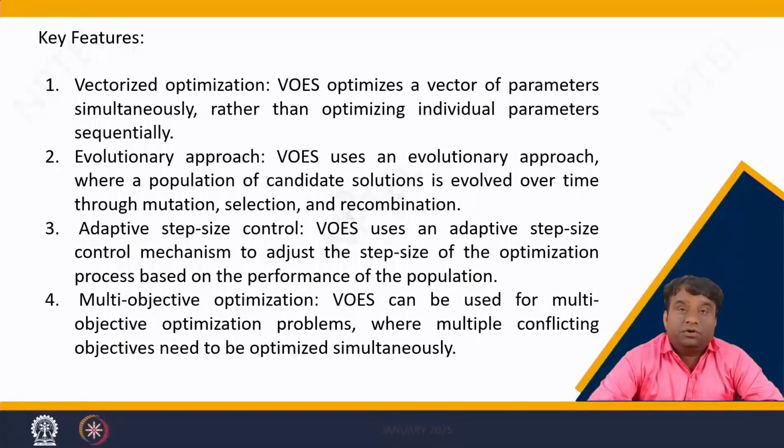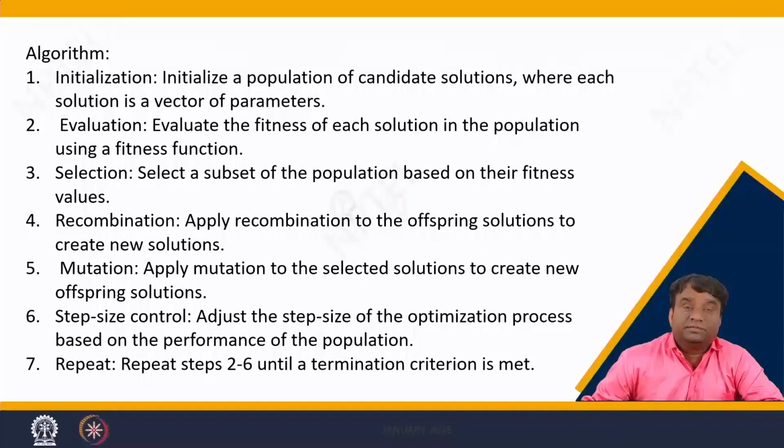Adaptive step size control. VOES uses an adaptive step size control mechanism to adjust the step size of the optimization process based on the performance of the population. Multi-objective optimization. VOES can be used for multi-objective optimization problems where multiple conflicting objectives need to be optimized simultaneously.